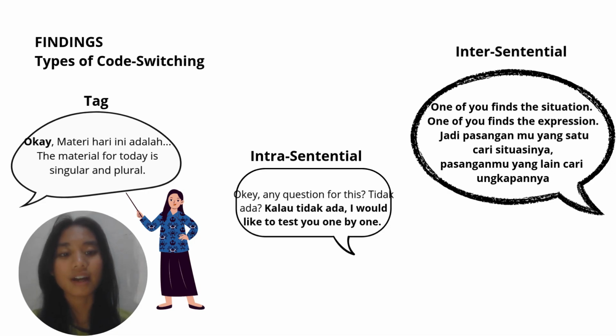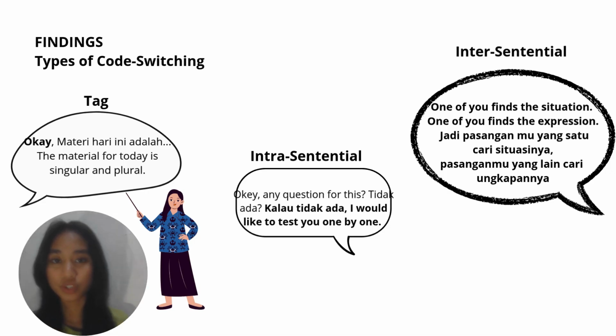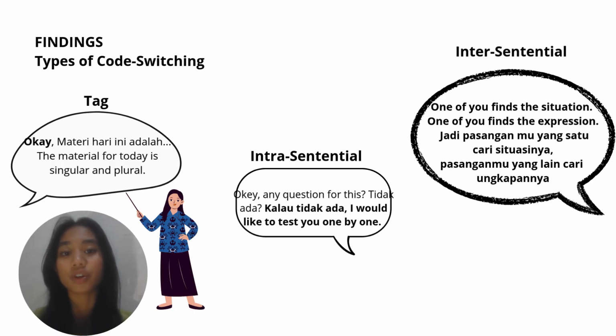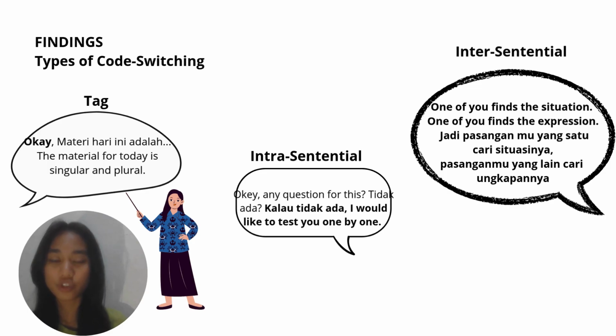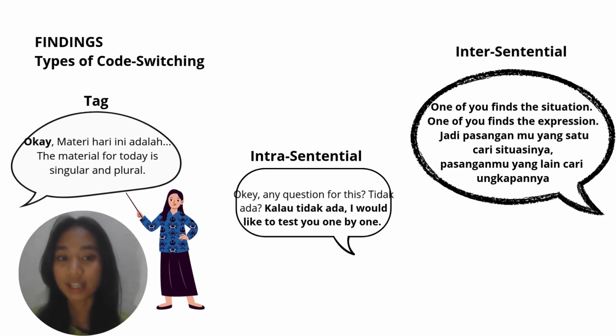And then the third one, intersentential switching. Intersentential switching is the switching that happens after one sentence in one language, and then the lecturer switches into another language. For example, from the data: one of you finds the situation, one of you finds the expression. Jadi pasanganmu yang satu cari situasinya, pasanganmu yang lain cari ungkapannya.